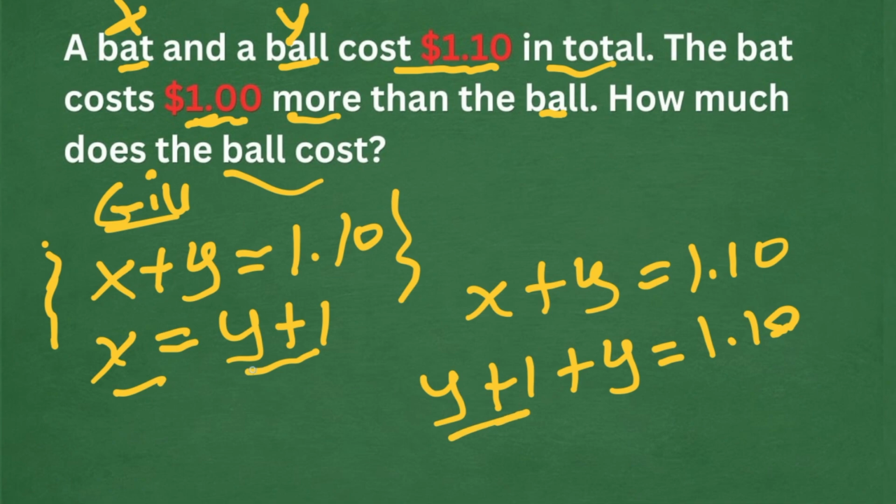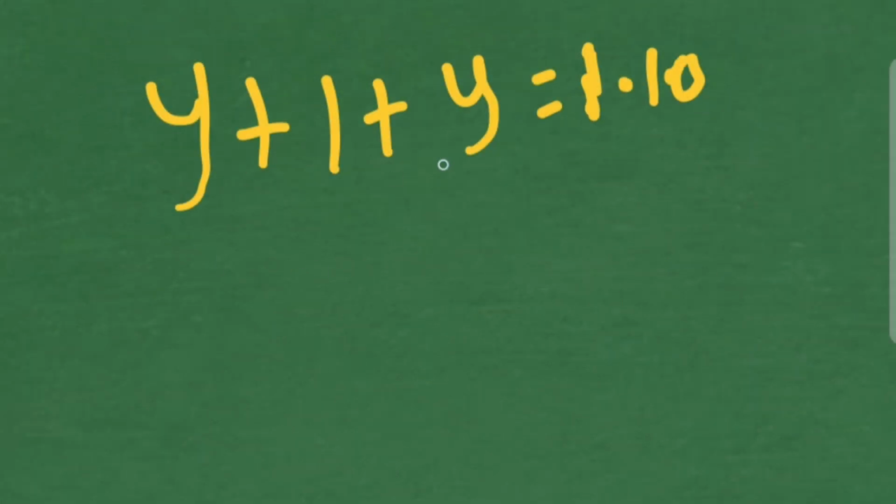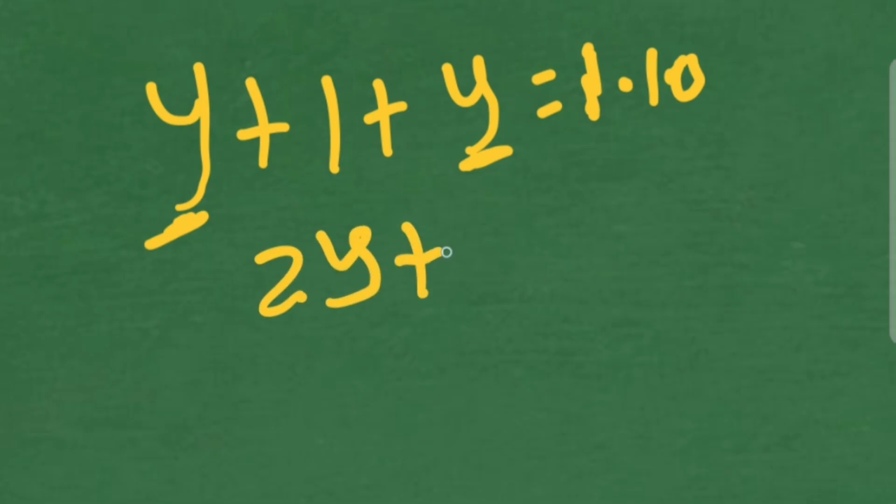Simple math, right? And now you will see we have two Y's on the left-hand side. We have one Y here and one Y here. And all of them are just adding up. So we can rewrite this into a simpler equation, which is 2Y plus 1 is equal to $1.10.